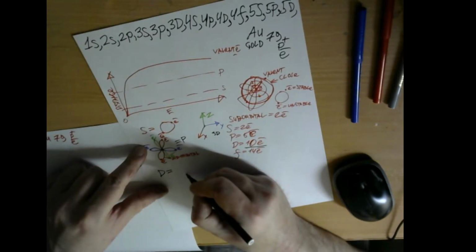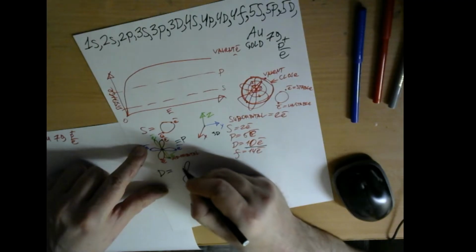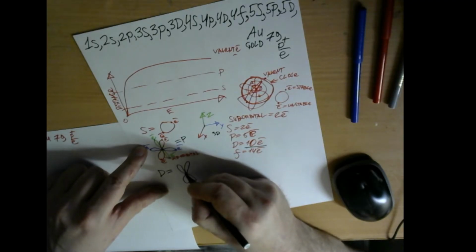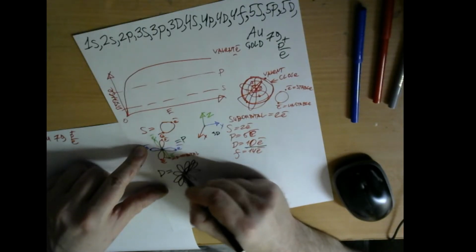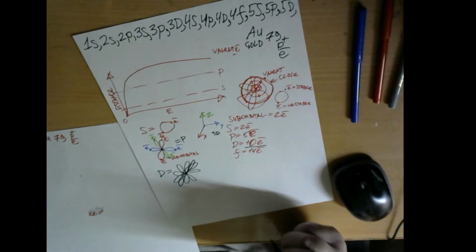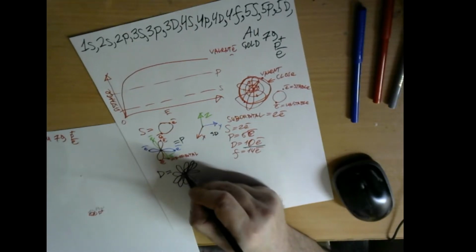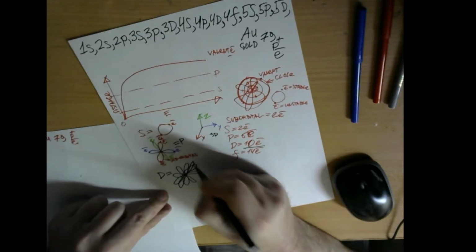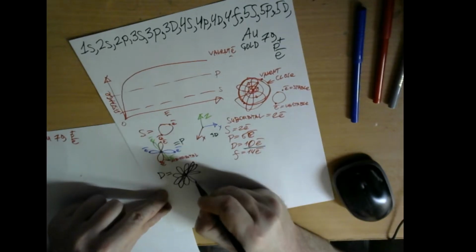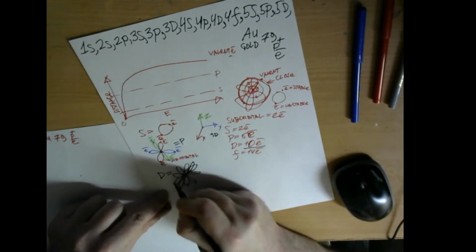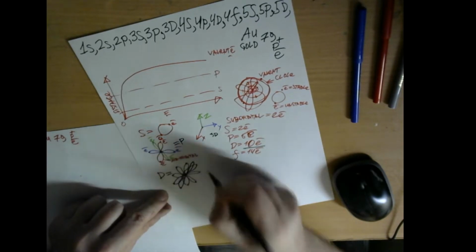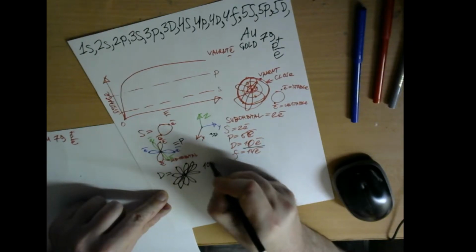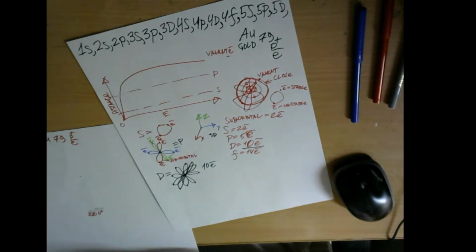Basically, it would be 1, 2, 3, 4, 5. This would be a d orbital. I draw it quite messy, but you understand. 1, 2, 3, 4, 5, 6, 7, 8, 9, 10. 10 electrons. That would be a d orbital.